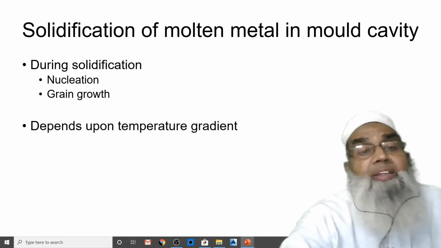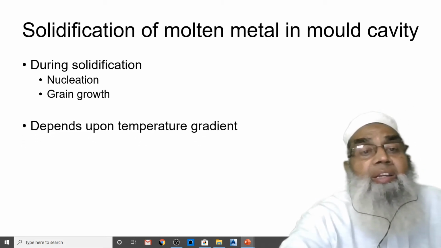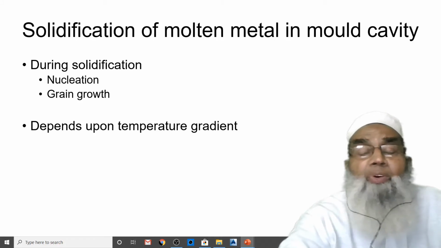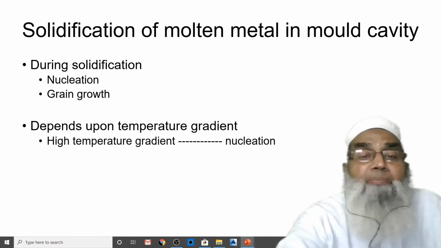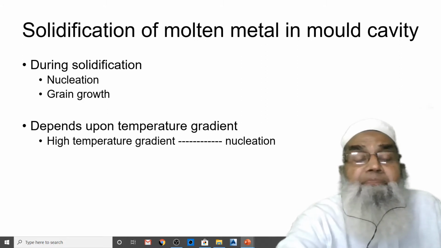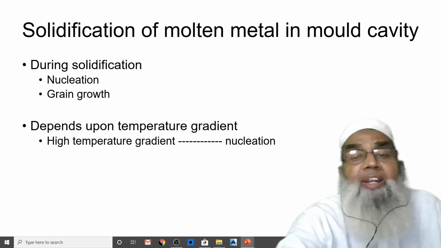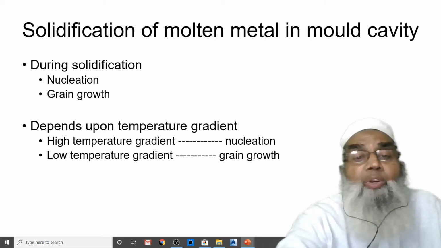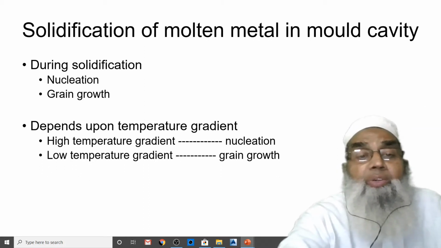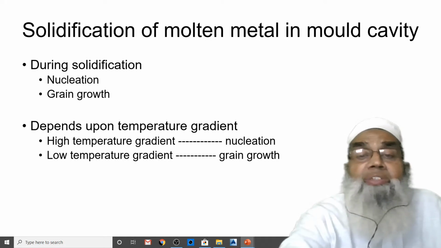Therefore, nucleation and grain growth depend upon the temperature gradient. If the temperature gradient is high, then nucleation will be predominant, while a low temperature gradient favors grain growth.